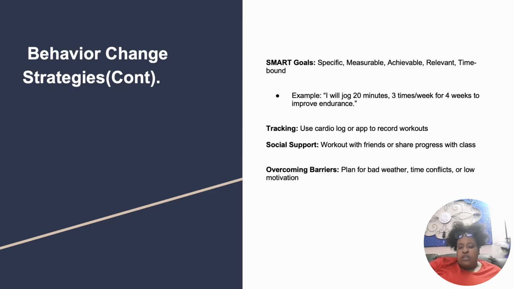An example of a small SMART goal is: I will jog 20 minutes 3 times a week for 4 weeks to improve endurance, tracking using your cardio log or fitness app. For social support, you can work out with a friend. For overcoming barriers, plan alternatives for bad weather or time constraints. Small strategies help you stay committed to your goals.